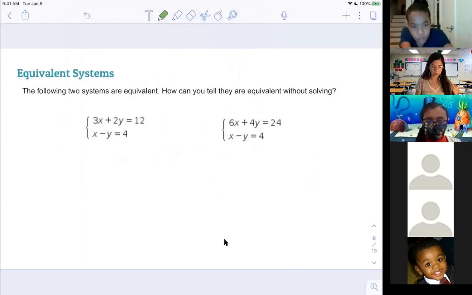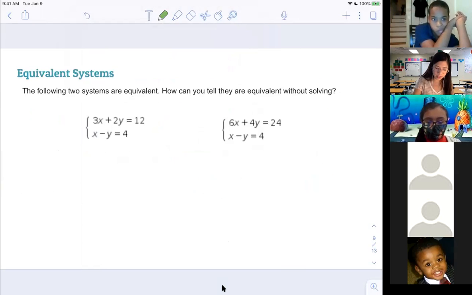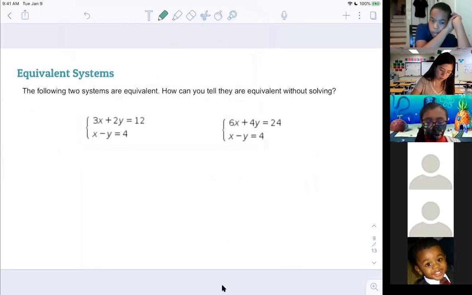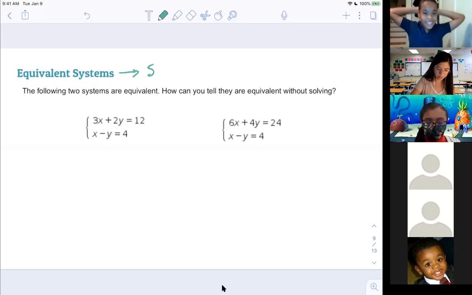Okay, so the last thing to look at, this is the last topic of the day, is equivalent systems. So again, what does the word equivalent mean? Equal, right? So equivalent systems. This one is easy. Just multiply the top one by 2.